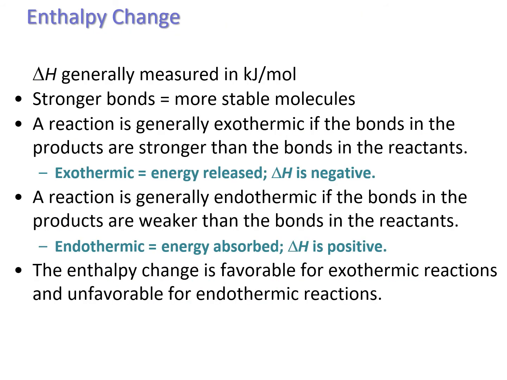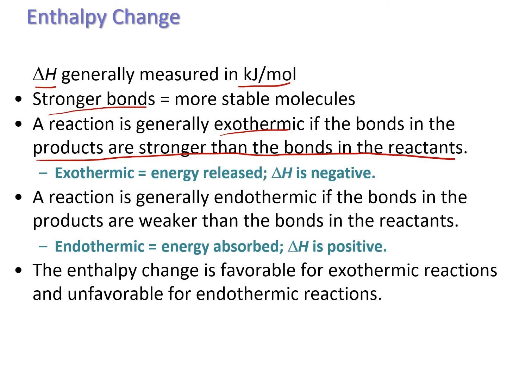So some more review on enthalpy, since now we have discussed how this is one of the factors that affects spontaneity. Delta H, enthalpy change, is generally measured in kilojoules per mole. When a reaction is exothermic, that means that the bonds in the products are stronger than the bonds in the reactants.